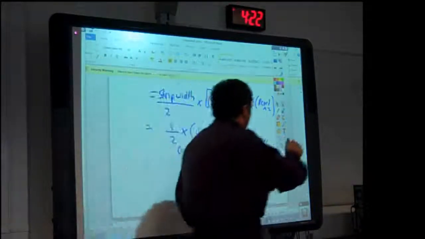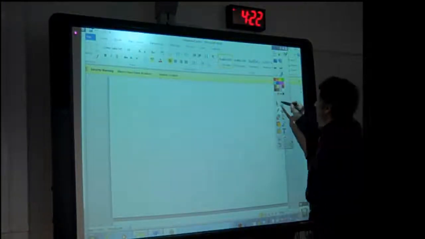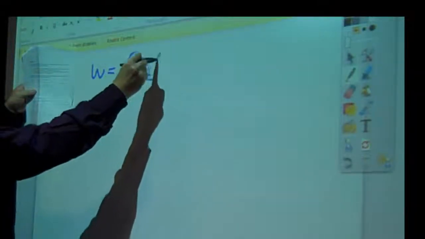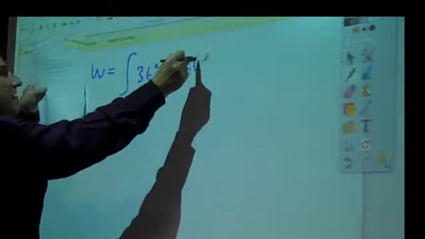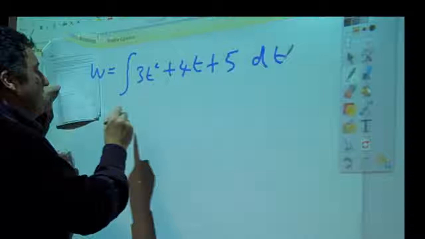Okay, so finally what we will do now is do the actual integration. So if you go back up to w is equal to the integral of 3t squared plus 4t, if you remember this, plus 5 dt, we integrate that.